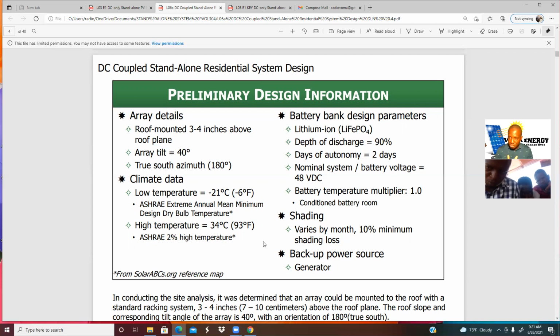A battery has a depth of discharge, which means when you install the battery, for lead acid battery, all lead acid batteries, the depth of discharge is 50%. You can't set a lead acid battery depth of discharge to 80% or 90% or 100%. You cannot. The depth of discharge has to be 50% for lead acid battery. For lithium ion, you can set a depth of discharge to 90 and above. 90, even 95, 100, yes, you can.